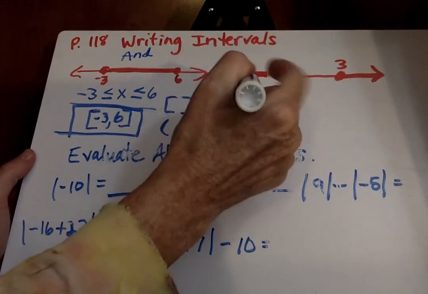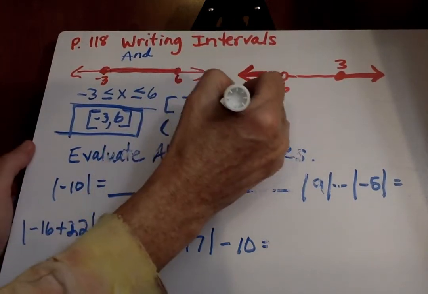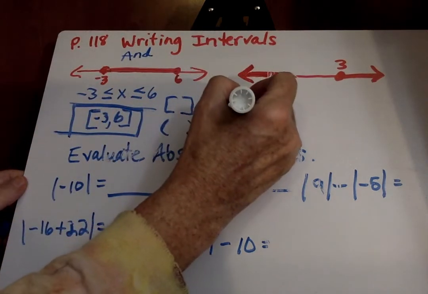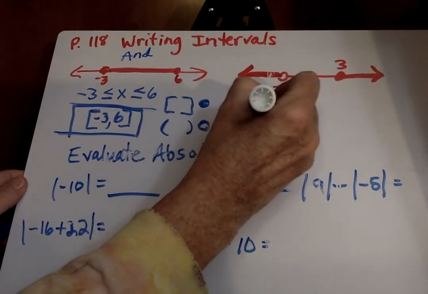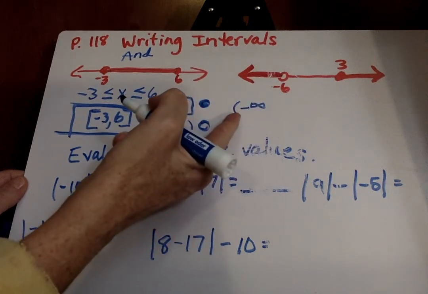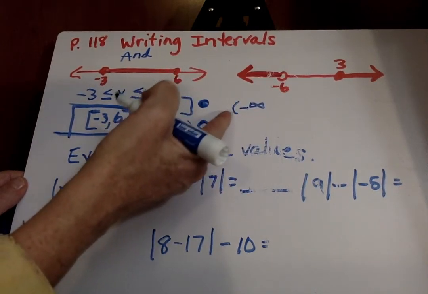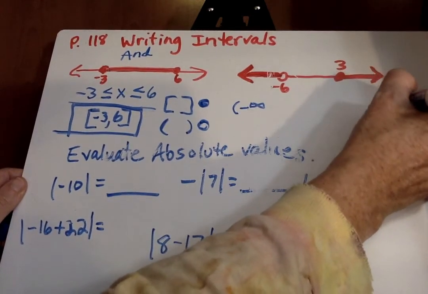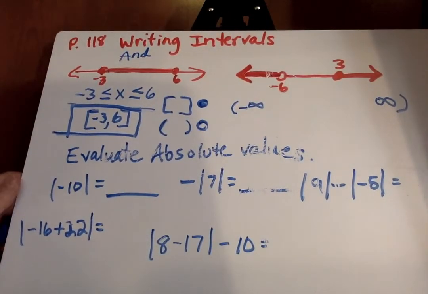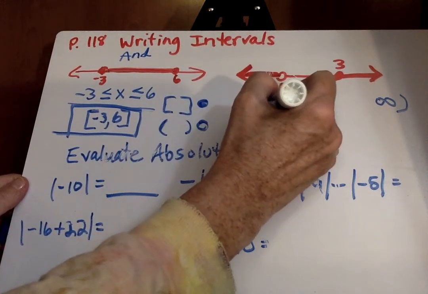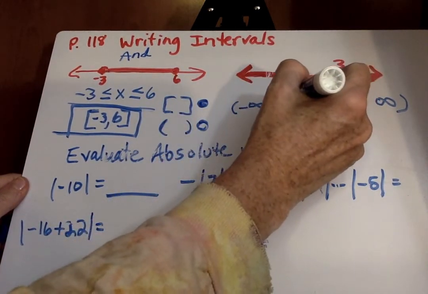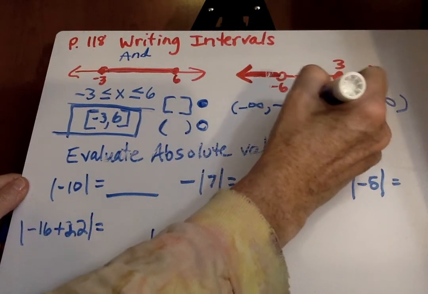Okay, so this one, we can say that it starts at -infinity, and infinity, you can never quite reach it, so it's always parentheses if it's negative or positive infinity. In fact, over here I can do that with positive infinity right there. Okay, and then it goes up to -6. Does it include -6? No, so it's parentheses.